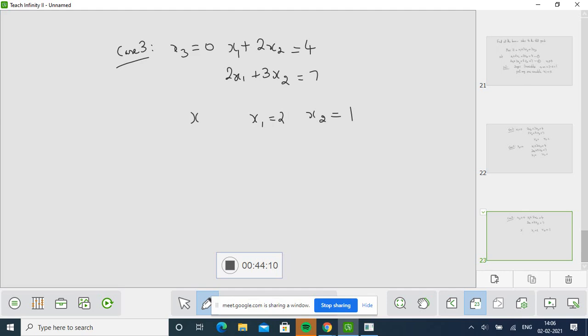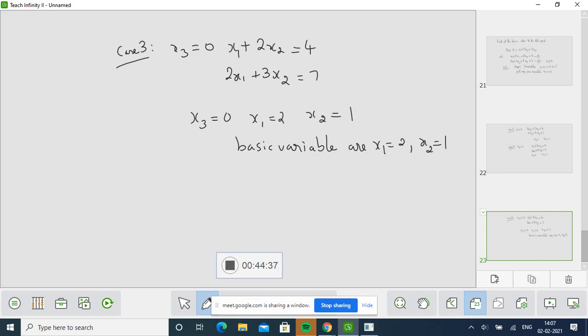So now look at this. I have x3 0, x1 2, x2 is 1. Here, what are my basic variables? The basic variables are the ones which I don't put 0. Here the basic variables are x1 equal to 2 and x2 equal to 1. They are not 0.